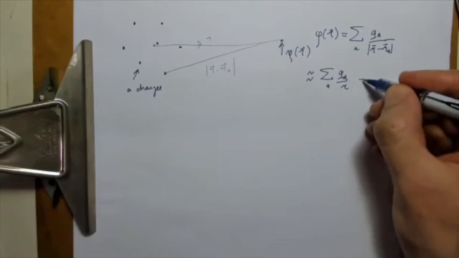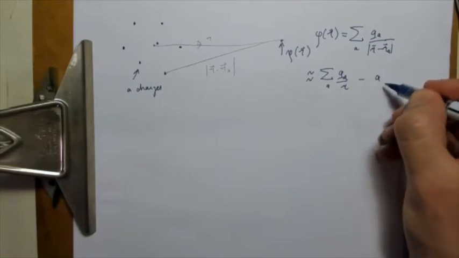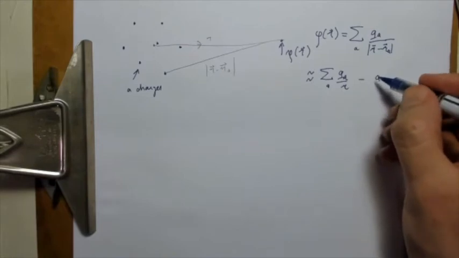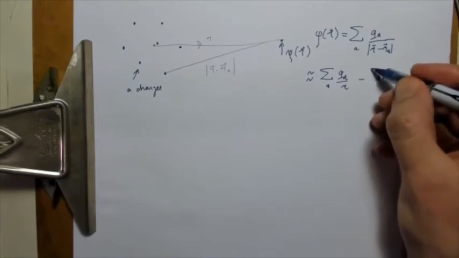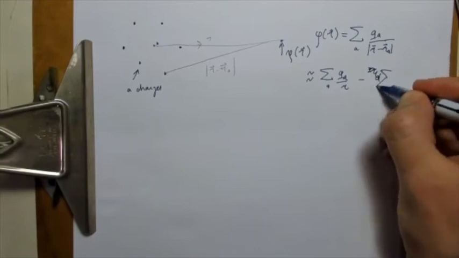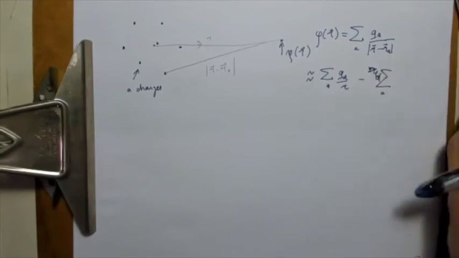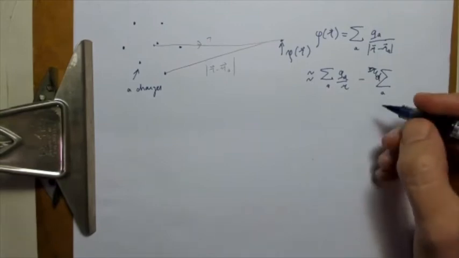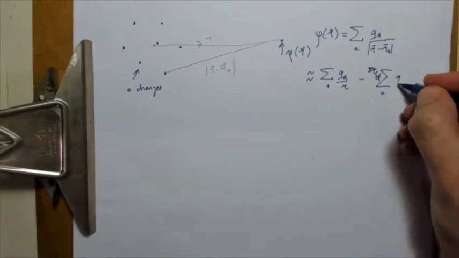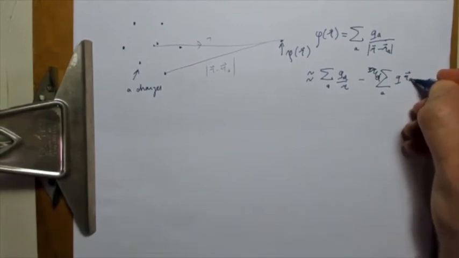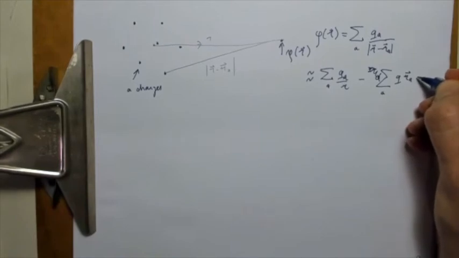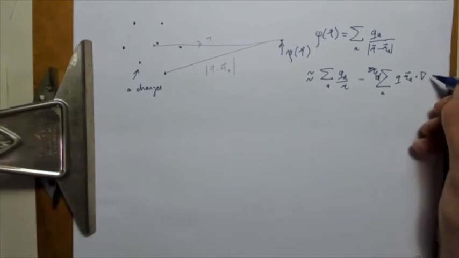Let me see. So it's still a sum over a. So sum. Oops. And then it's that charge and the position RA, but now dotted with the gradient of 1 over r.